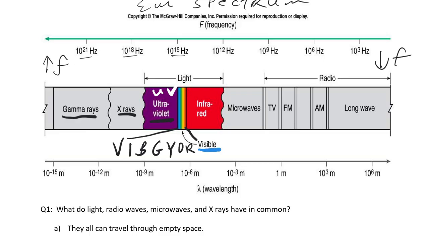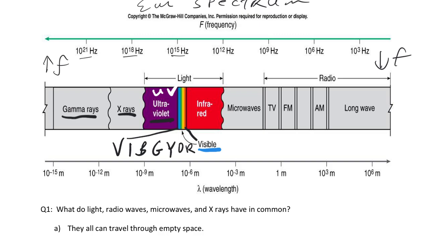Now it's important to realize visible light is only a tiny fraction of the whole spectrum of electromagnetic waves or light waves out there. Okay, so visible light is the part of light waves that our eye can sense.